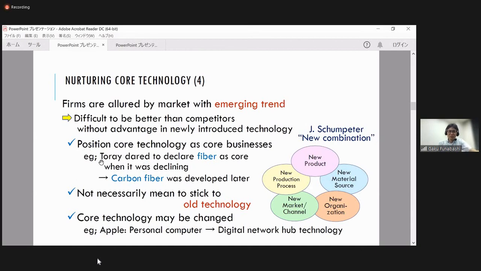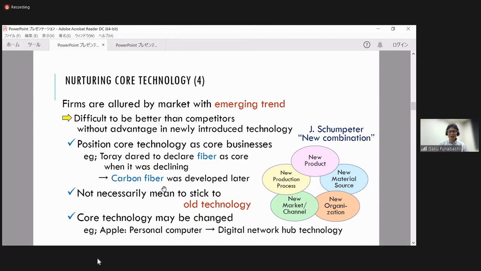In some cases, for example, Toray, I introduced the case of Toray, I think it was the day before yesterday. Toray stuck to the fiber, even though the fiber itself, the textile industry, was declining in Japan, because for Toray, fiber was the core technology. Later, with this fiber technology, they developed carbon fiber.